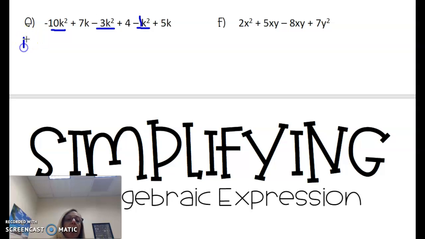So I do have a column that I'm going to call k squareds. And I'll put a little s there because those are my k squareds. What am I going to write under my k squareds? I have a negative 10 k squared. And I have a negative 3 k squared.